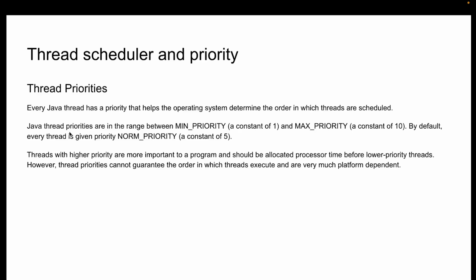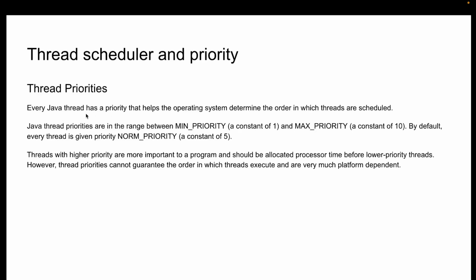You can go over and set the priority. There are methods like setPriority, with a value of 1 to 10. By default, if you do not set your priority, there is a default priority of 5. 1 is the least priority, and 10 is the highest priority.